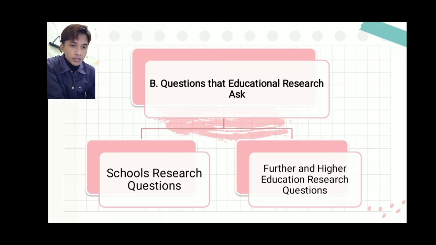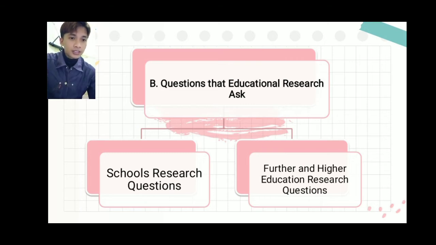And the last question, what are the factors associated with teachers, and what interventions and approaches are effective in supporting and promoting all children in school and college? Alright, that is the school research question.